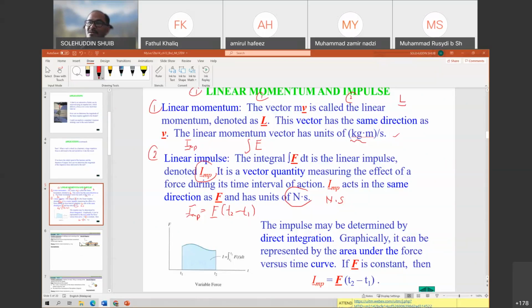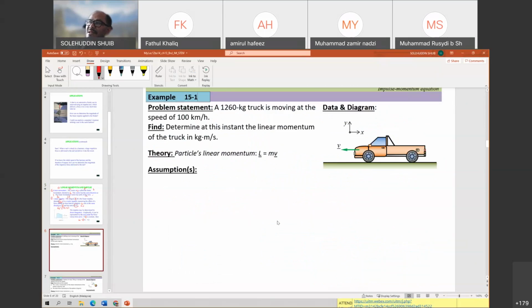Next, I would like to give you an example. We do this example to strengthen the fundamental understanding related to this concept. Look at this figure.